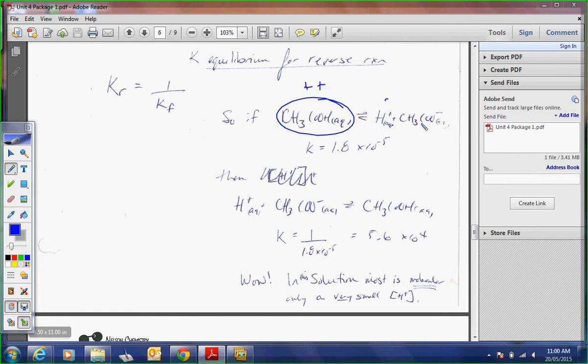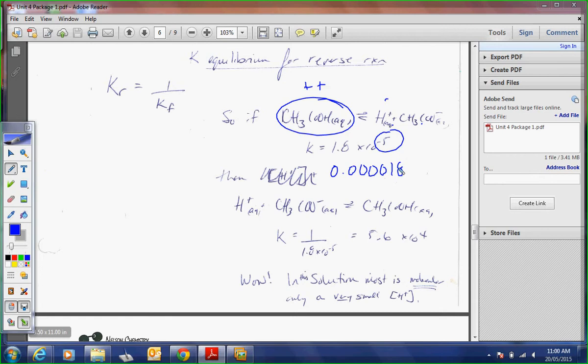What did we learn yesterday about what the numbers of K tell us? Do you remember? If it's really low, it favors the reactants. So is this pretty low? Consider our -5. That means 0.000018. Right? That's a pretty small number.